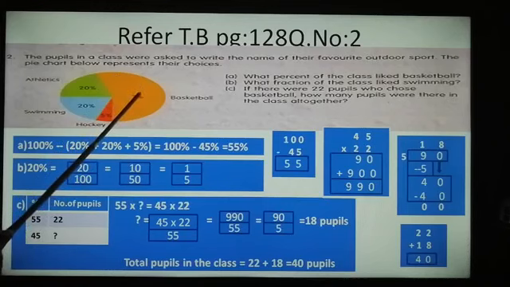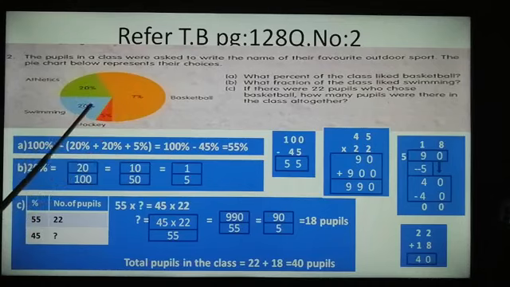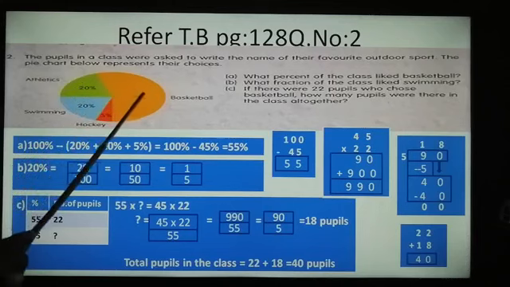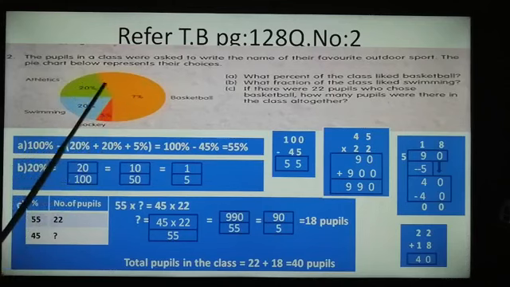So we already learned the whole amount will be equal to 100%. So the other 3 are given there. So we can find it by subtracting the total of these 3 from the 100%. So we will write here 100% subtract.